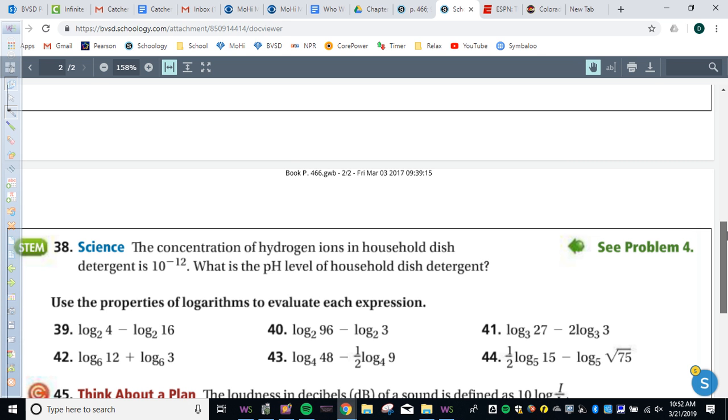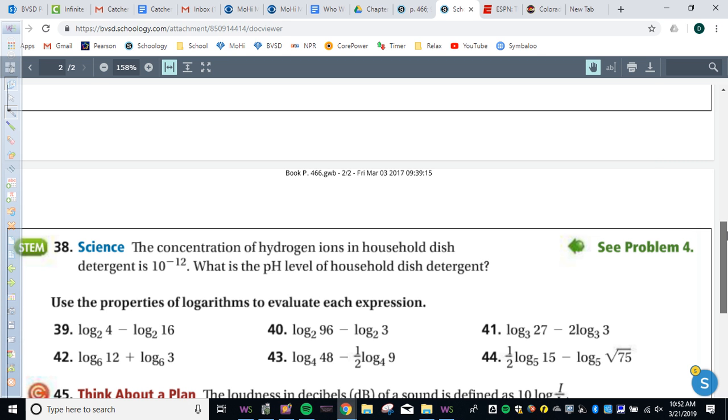So you're just using this formula? So that's what you're plugging in, that 10 to the negative 12? So it's negative log of 10 to the negative 12? It's just a formula. Okay?